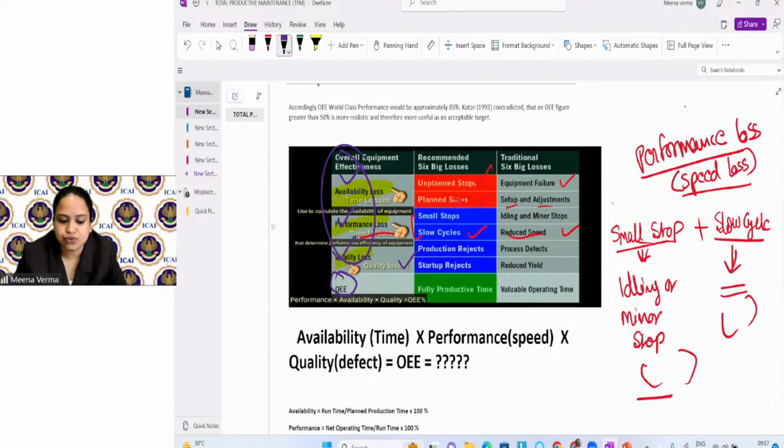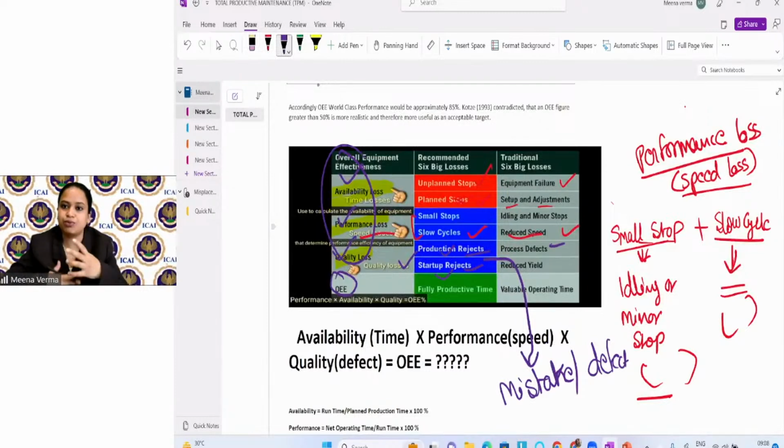In case of quality loss, you will check production reject and startup reject. So what is production reject or startup reject? This is a mistake, or you are producing defective units, right? Process defect means when you are producing the goods during production, there is some defect.